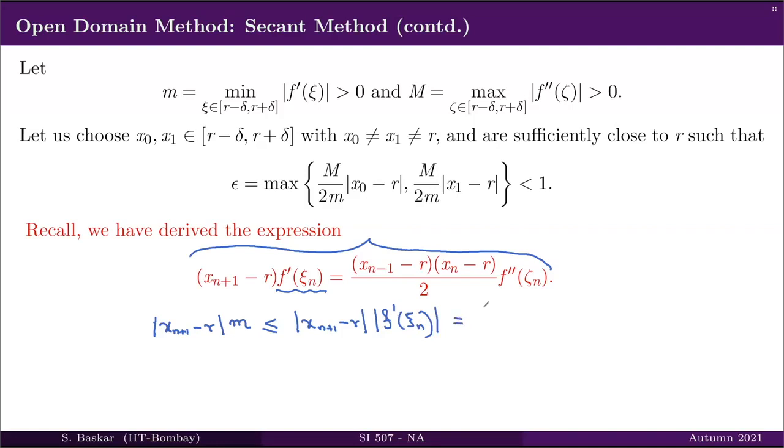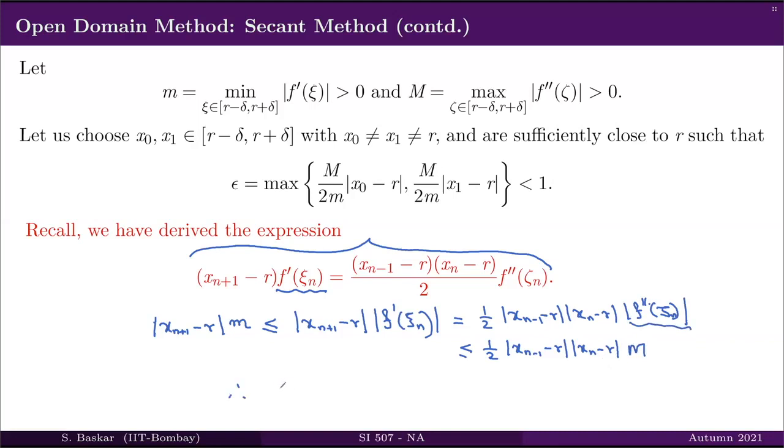And that is equal to 1 by 2 mod x_{n-1} minus r into x_n minus r into modulus of f double dash of zeta, and that is less than or equal to 1 by 2 into x_{n-1} minus r into x_n minus r into capital M, because capital M is maximum over all these numbers, right?